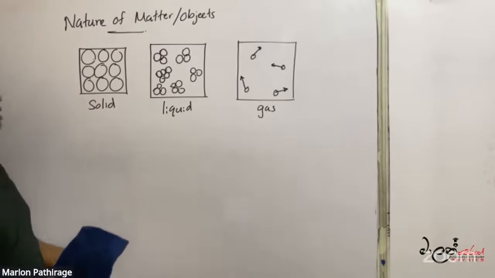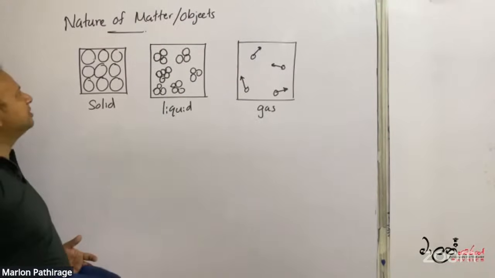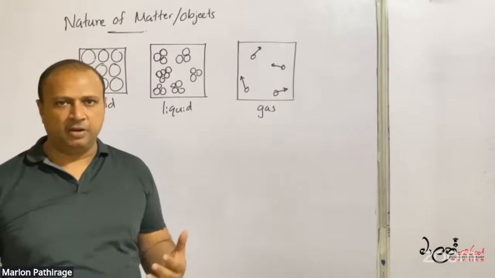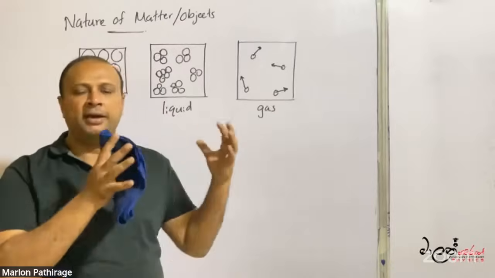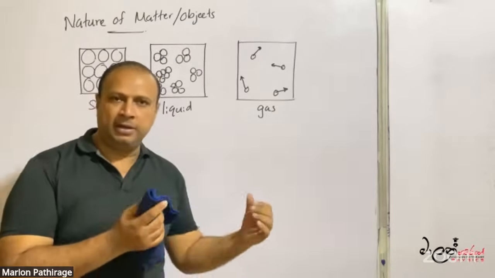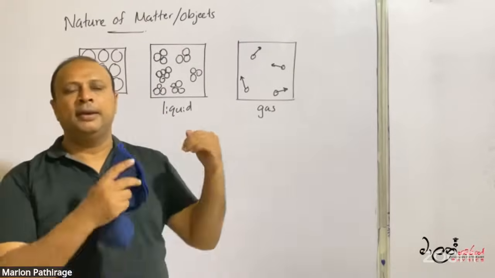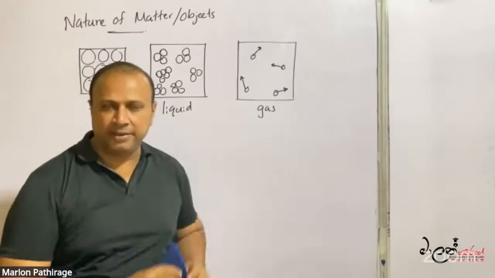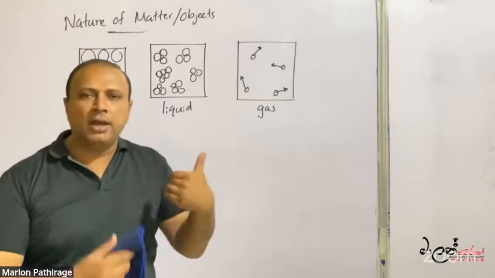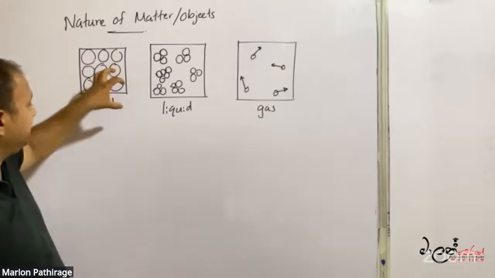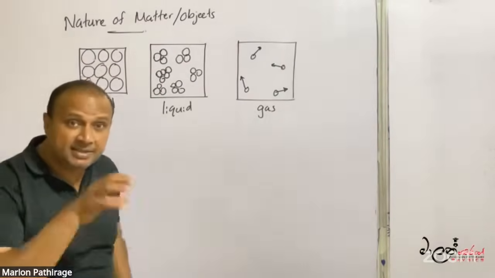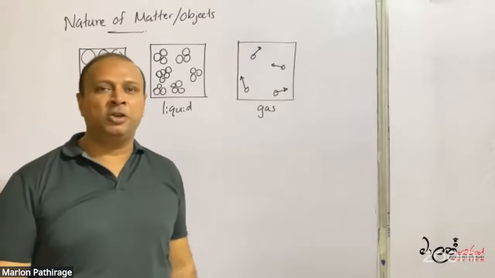Okay, now we have discussed the nature of the object. Every object is made out of molecular particles, and we have discussed that. Now we are going to discuss the nature of the particles inside that molecular structure.